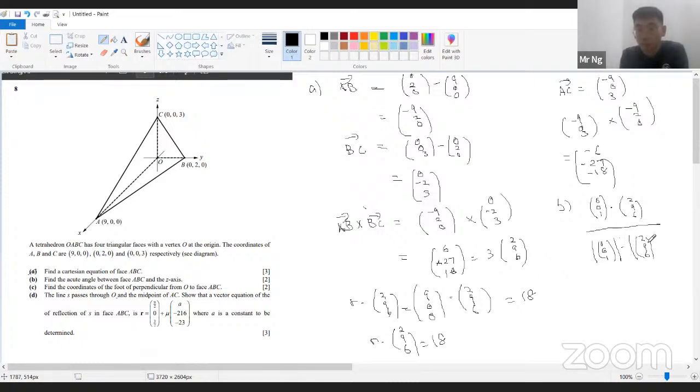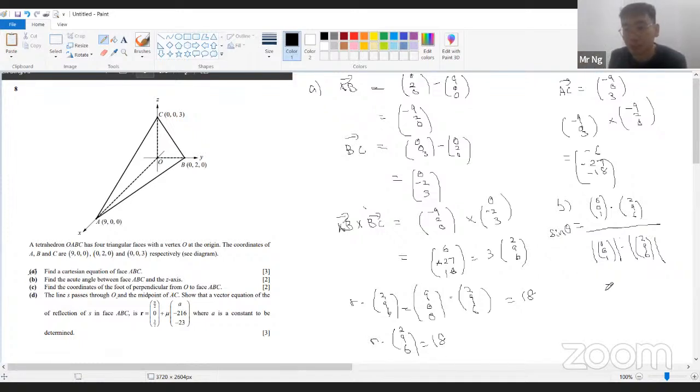Over here, some of you will use cosine theta, some of you will use sine theta. If you use cosine theta, it means the angle formed between the axis and the normal. But if you use sine theta, it's the angle between the axis and the plane. So if you don't know, go and watch my video.